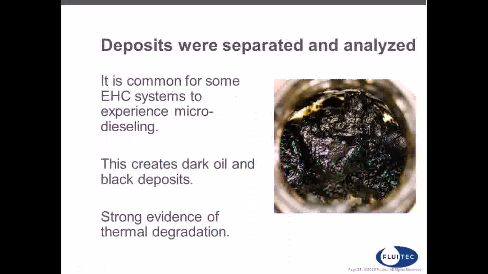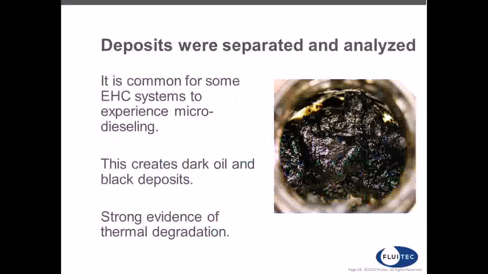Some EHC system designs are particularly prone to microdieseling, which forms black soot-like material. It will make the fluid black. Typically, these are submicron particles. So we saw this, and my immediate reaction was, well, I'm sure this is microdieseling.